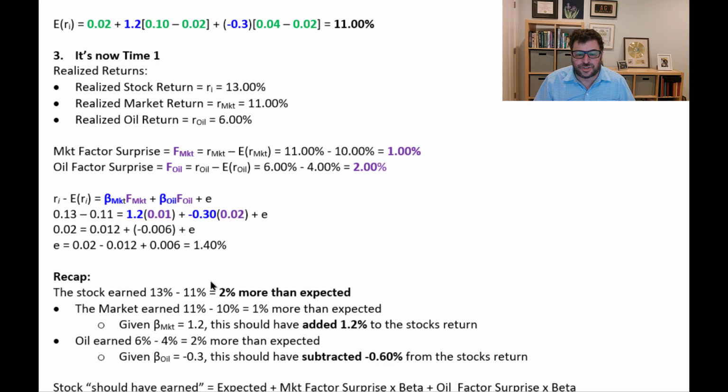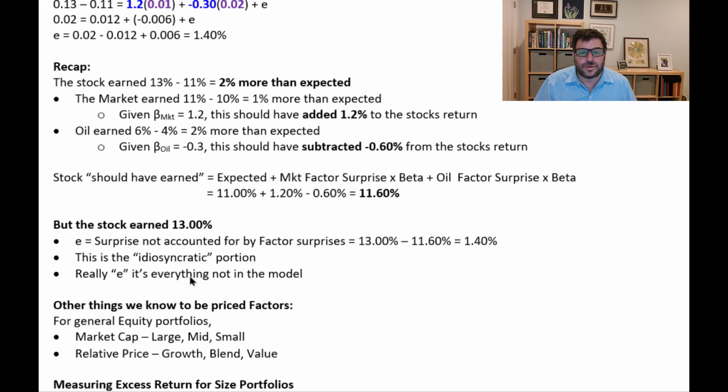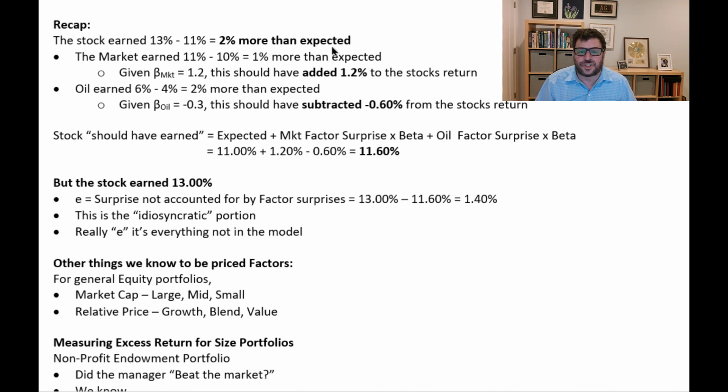And so let's just go through the recap here. The stock earned 2% more than expected. The market earned 1% more than expected. Given the market beta of 1.2, this should have added 1.2% to the stock's return. Oil earned 2 more. Given the negative beta, this should have subtracted 0.6% from the stock's return.